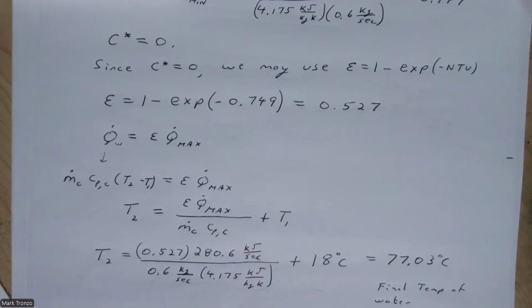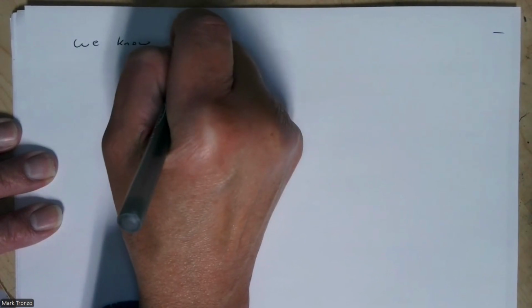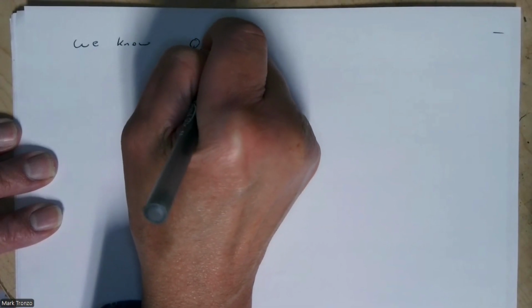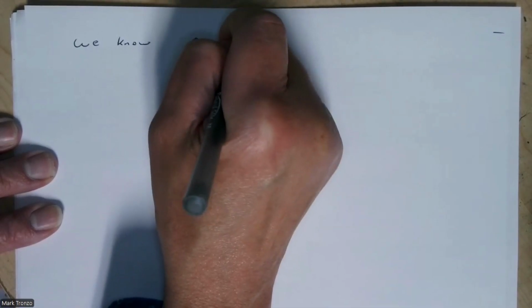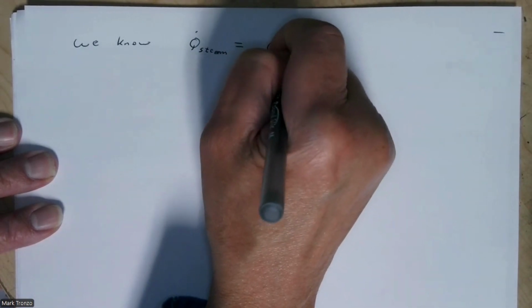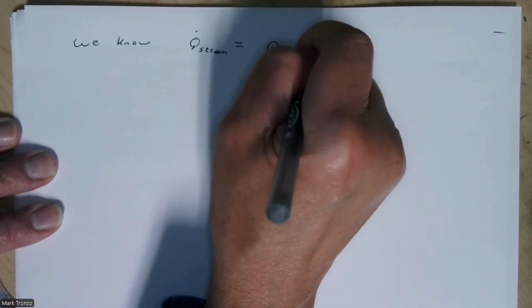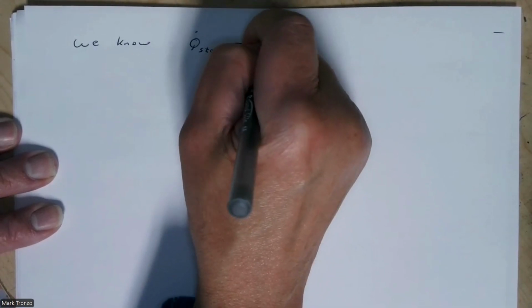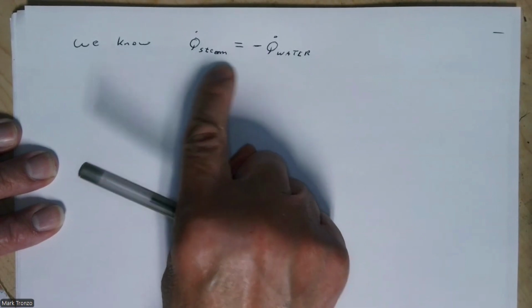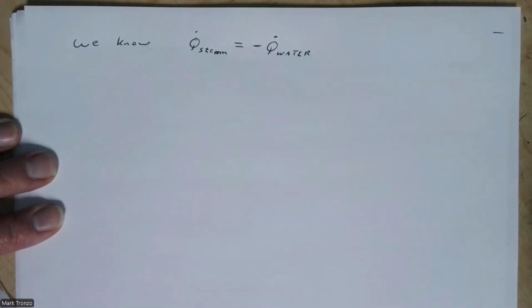And let's see, what else do we need to find? We're going to need to find the mass flow rate. And we know that the heat transfer from the steam is going to be equal to the heat transfer rate to the water, except the opposite sign, of course. Because whatever heat transfer there is to the water, it's being taken away from the steam, so it'll be negative.